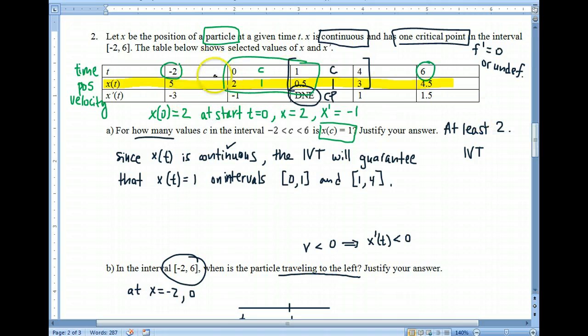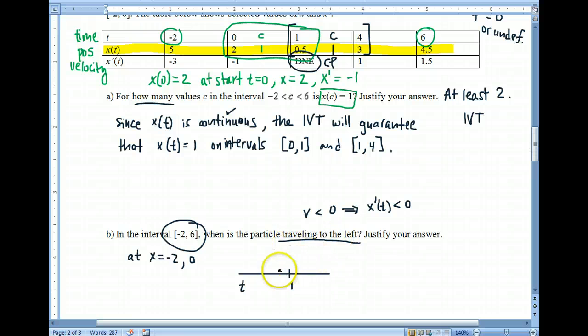That means it can't have another change somewhere else. Because if it were to change somewhere in between -2 and 0, it would also be a critical point. Or if it changed over here, it'd also be a critical point. But there's only one critical point, and it's at 1.